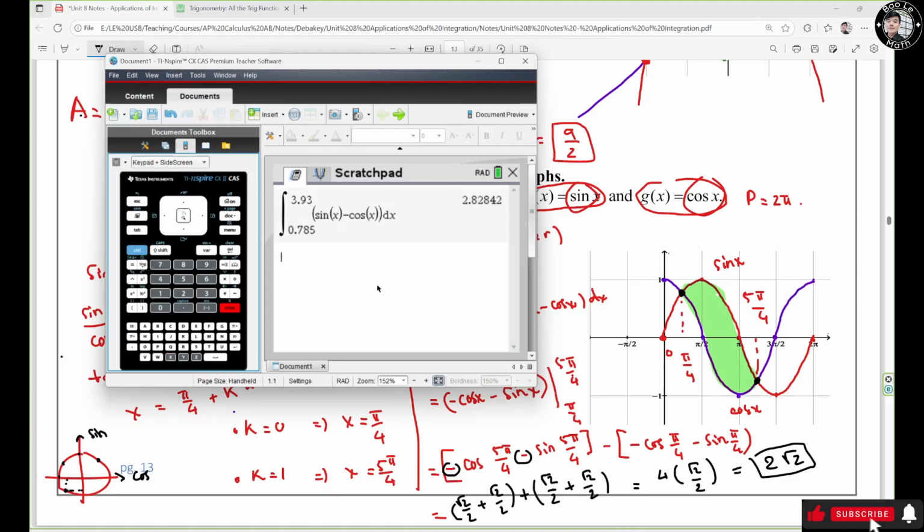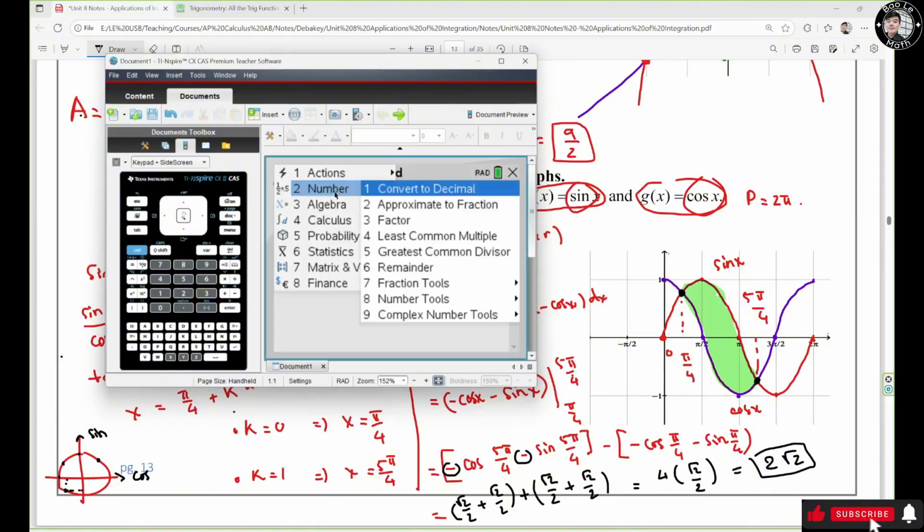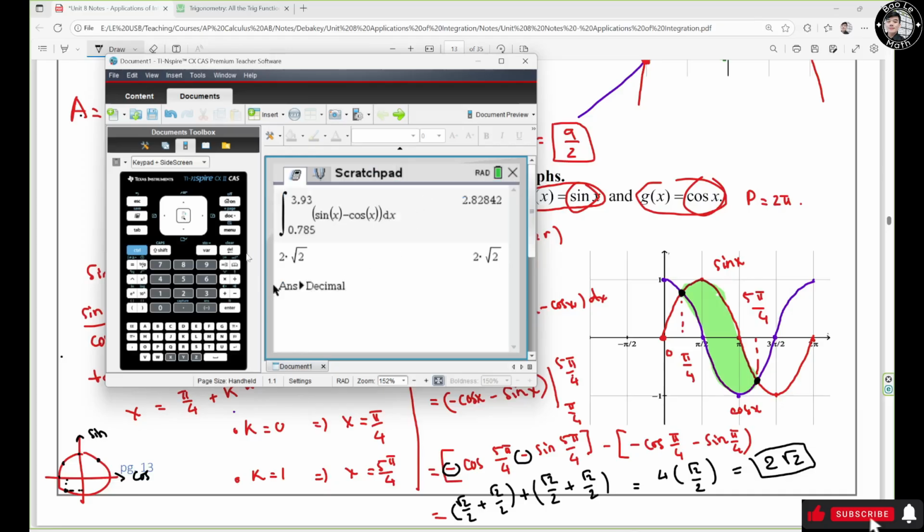Hit enter. The answer is 2.828. This is exactly 2 times square root of 2. Convert this one to decimal, you will see they're both the same. And it's a good time to stop.